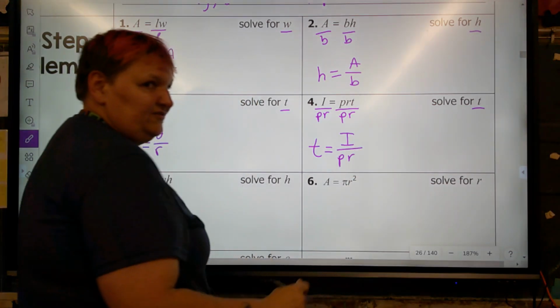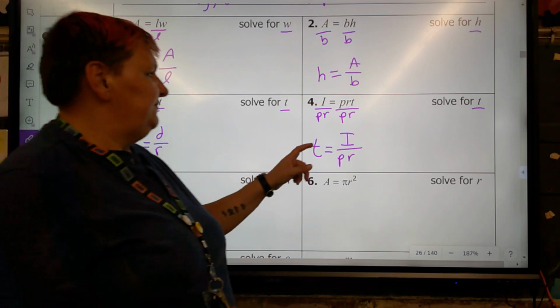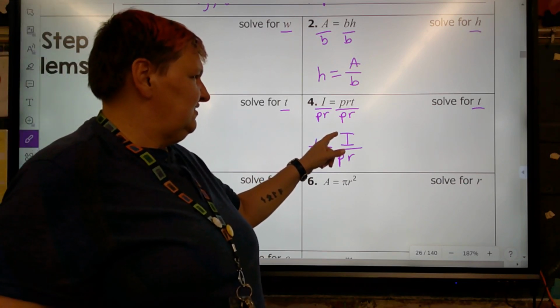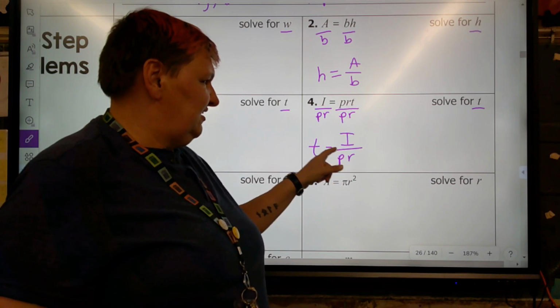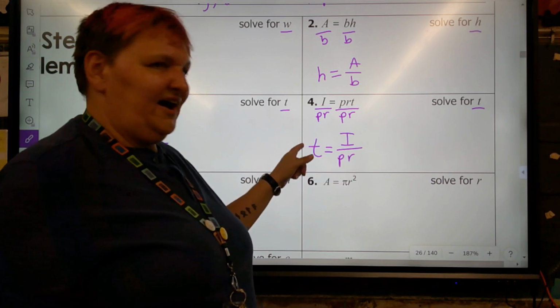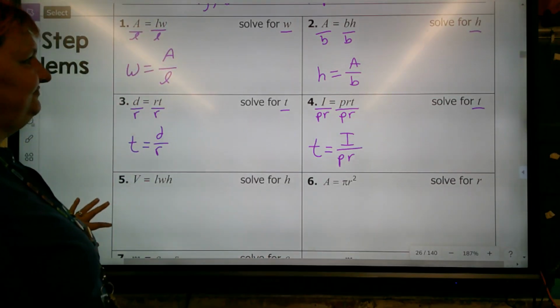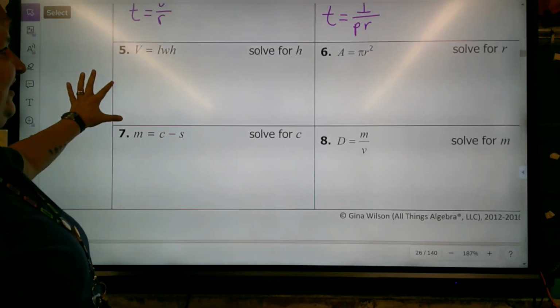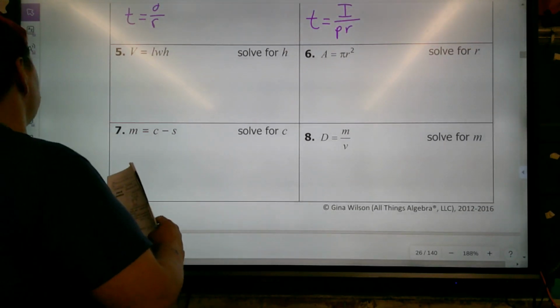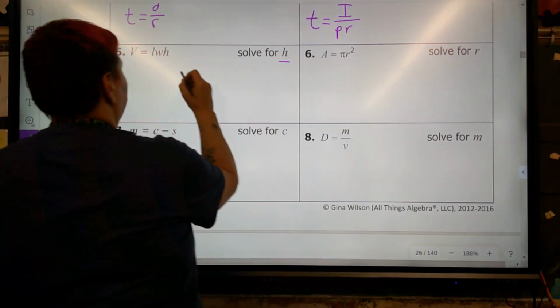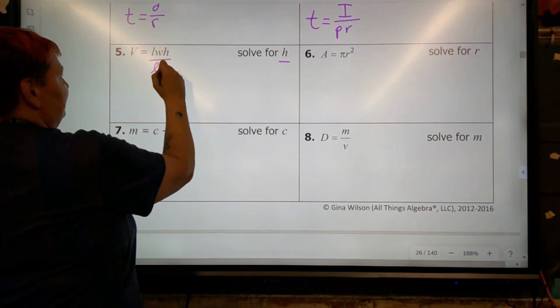Does anyone know what those variables stand for? Interest, rate, principal, and time. This is all about investments. Alright, and then this one says solve for H. So let's divide by LW.